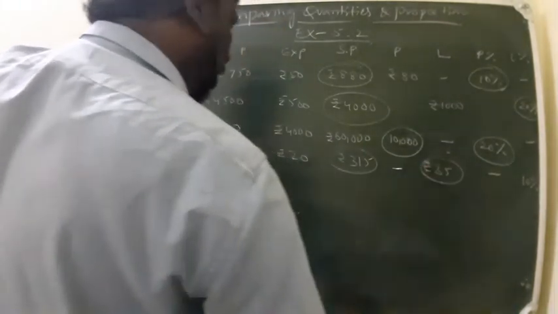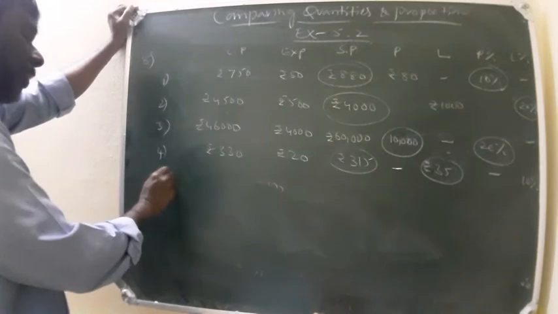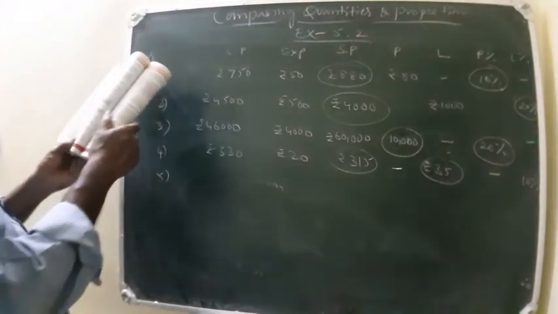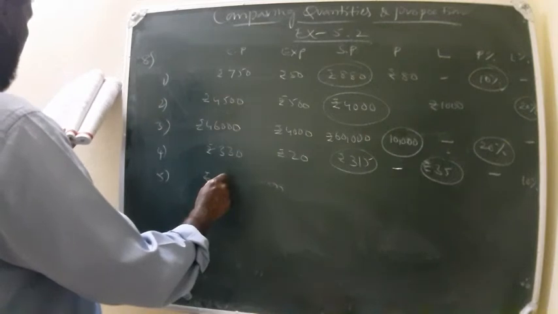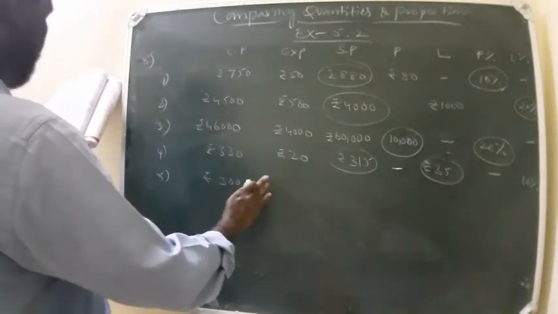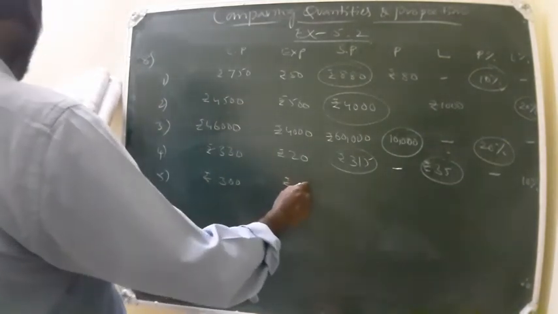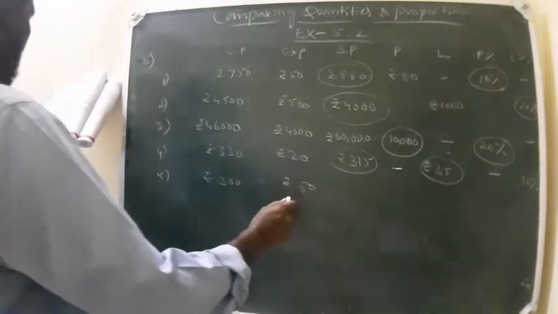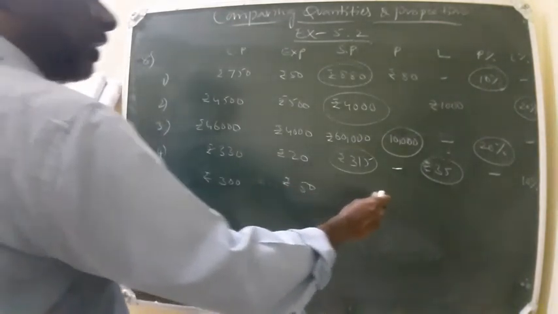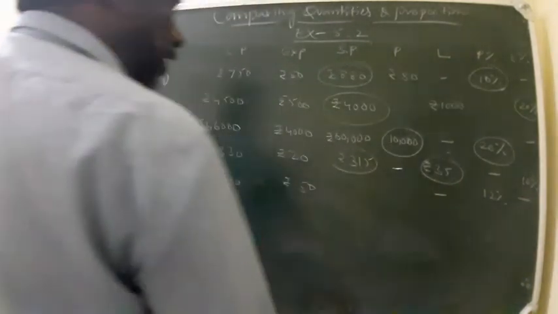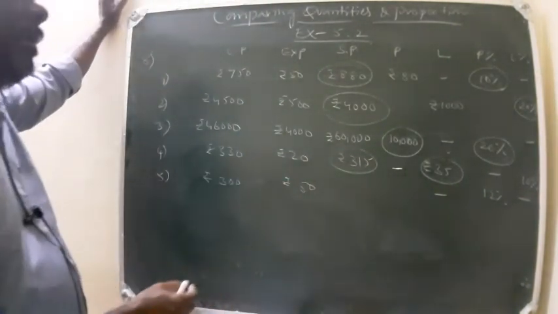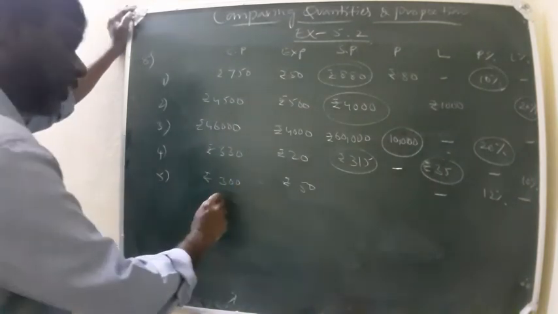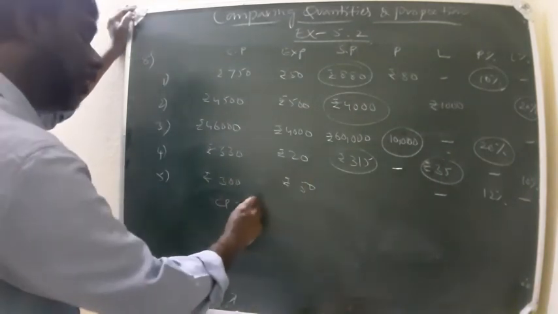This is the actual loss. And the last sum, the fifth one: rupees 300 and rupees 50, and here the profit percent is given, 12%. That means you won't get loss. So here also we find SP and actual profit. Now CP is 350.